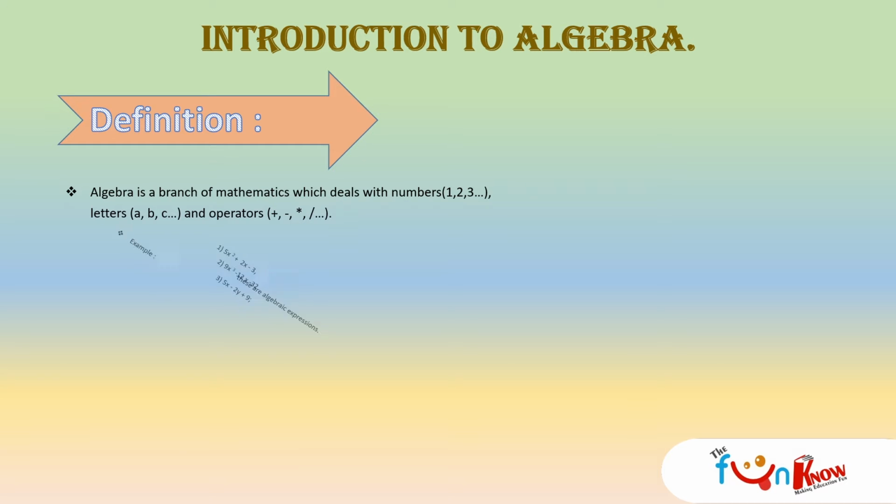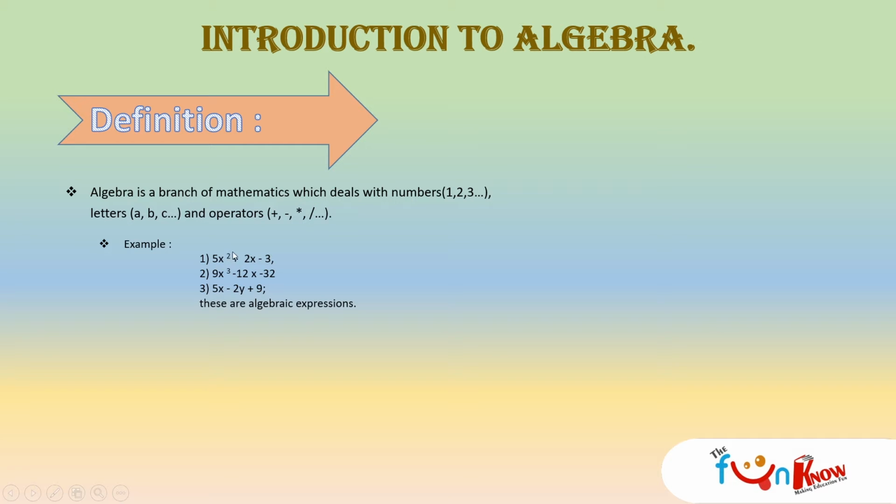operator. Now, in an example, students, you must be thinking: number, letters, and operator, how does the expression look? Students, have a look over here. This is an example of an algebraic expression which includes a number, that is 5, x is a letter, x square.